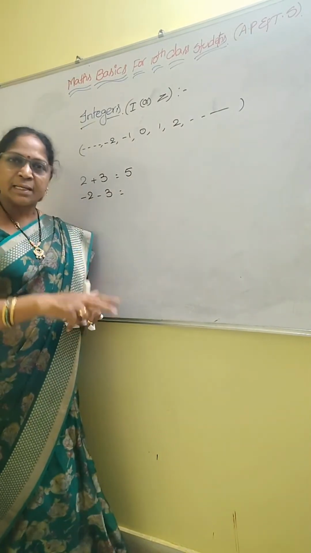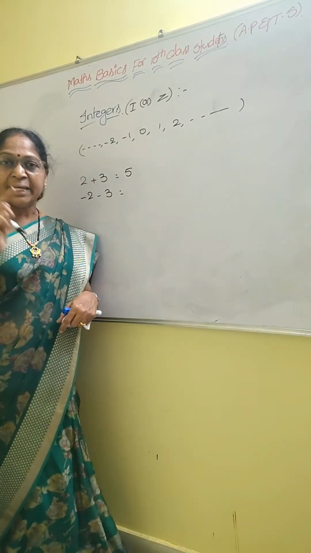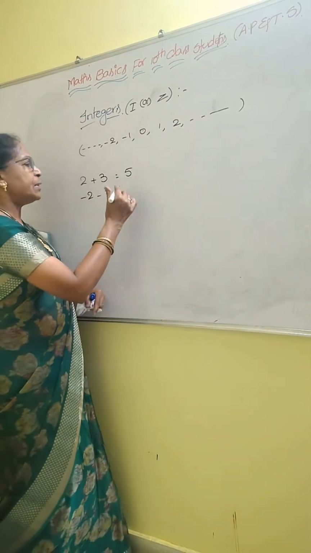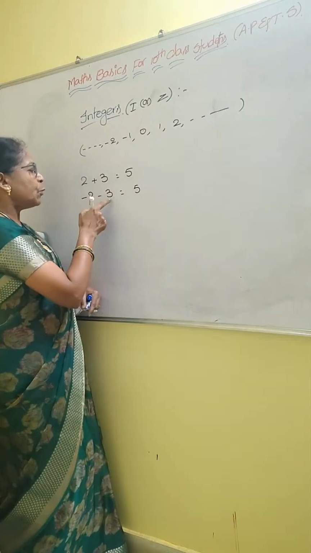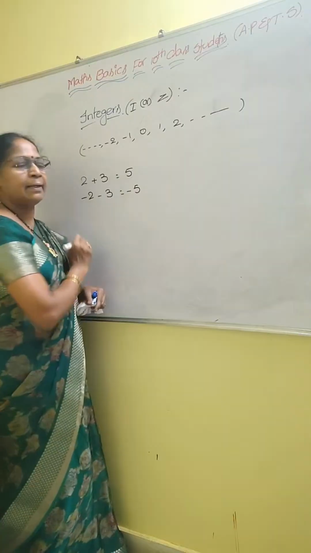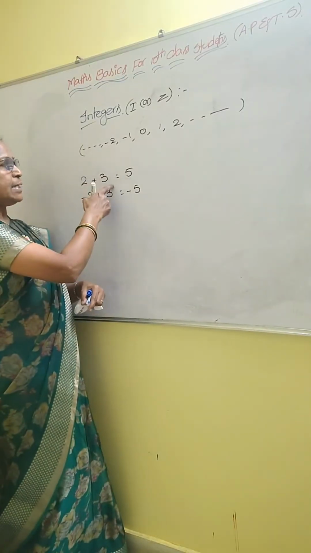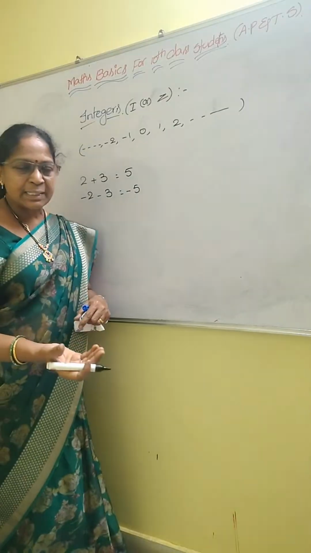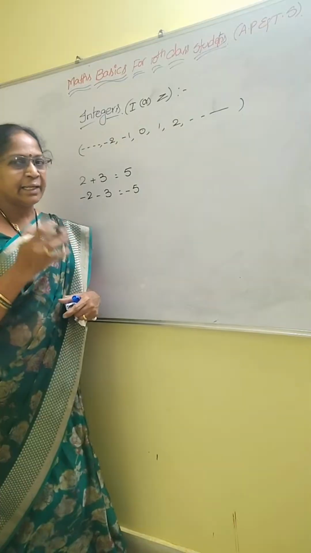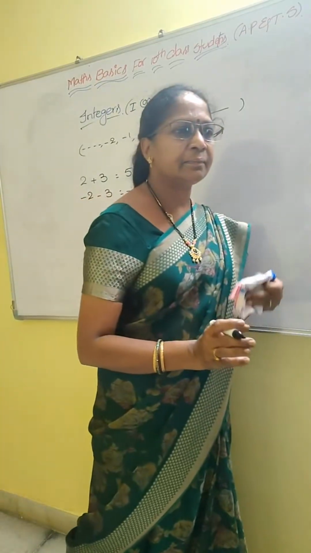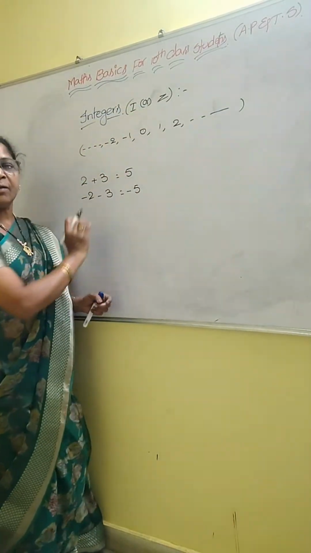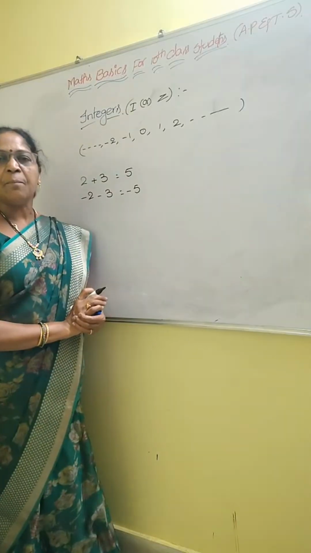Whenever two symbols are the same, either positive or negative, you should add the numbers and after that write the symbol that these numbers have. 2 plus 3 is 5, and here minus 2 minus 3 equals minus 5. I think everyone got the clarity. Yes sir.